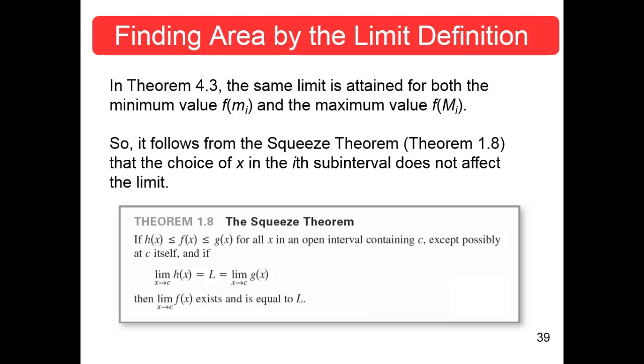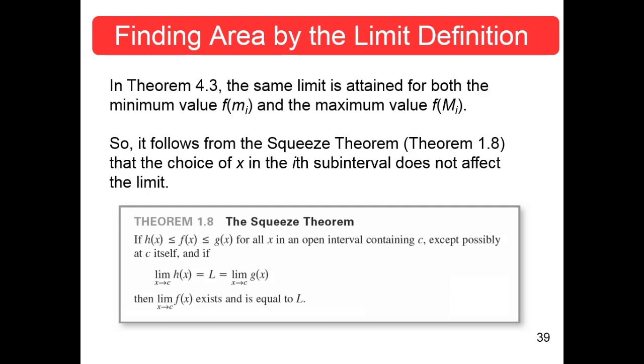This is the squeeze theorem. Let me repeat it. If h of x is always less than or equal to f of x, and f of x is always less than or equal to g of x, for all x on some open interval containing c, except possibly at c itself, where it could be different.